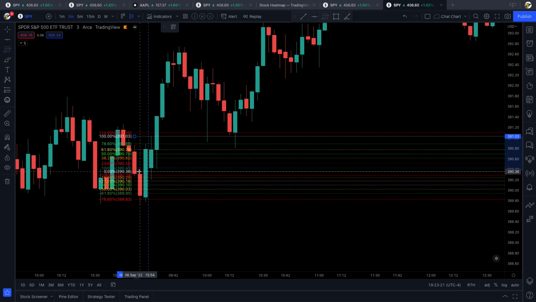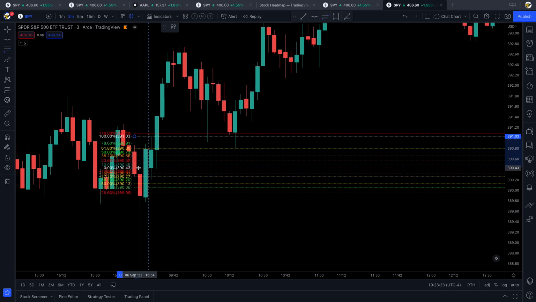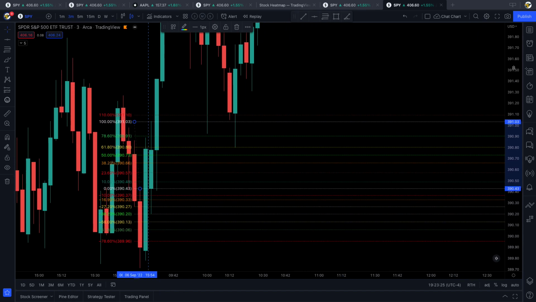Like I said, when it's wicky like that, what I do is I'll wait till it breaks the 10% or 16% fib point before I get in. So it came down here, and it barely even broke that one before it pushed back up. So that's why I didn't get into the downside. For me, when it's an indecision candle, I'll wait, like I said, till it breaks that 10% or 16% fib.